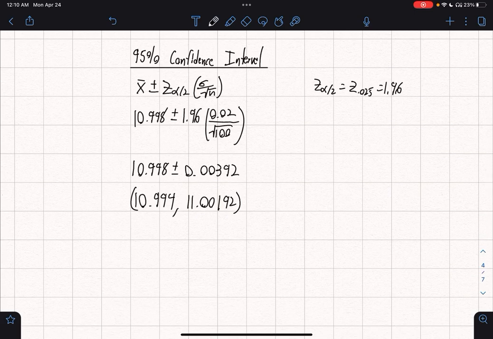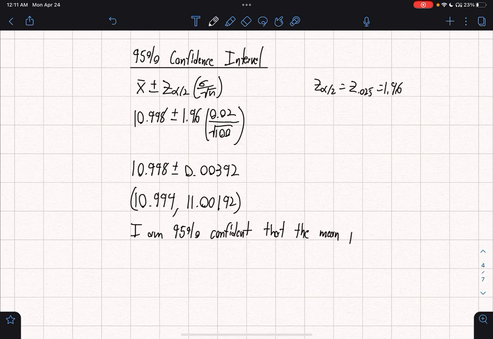Okay, and now we're ready to interpret this, which is: I am 95% confident that the mean paper length is between 10.994 and 11.00192.